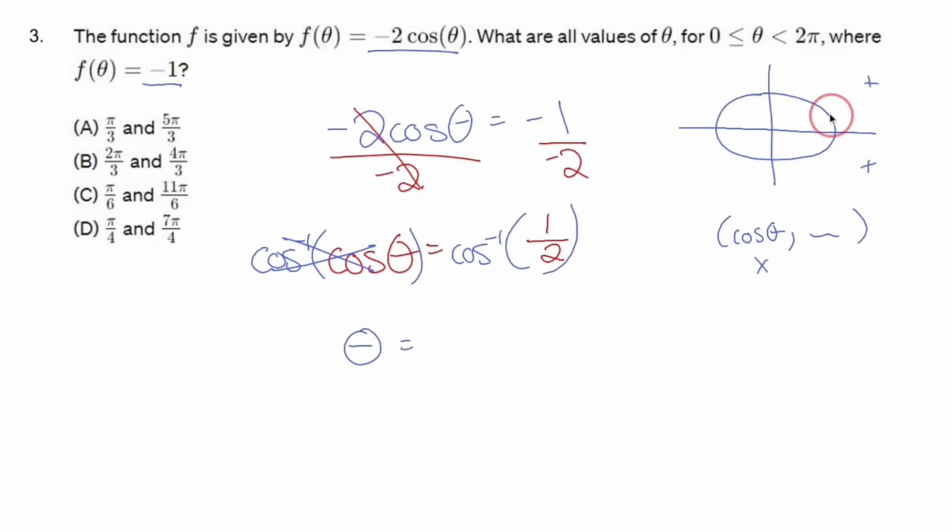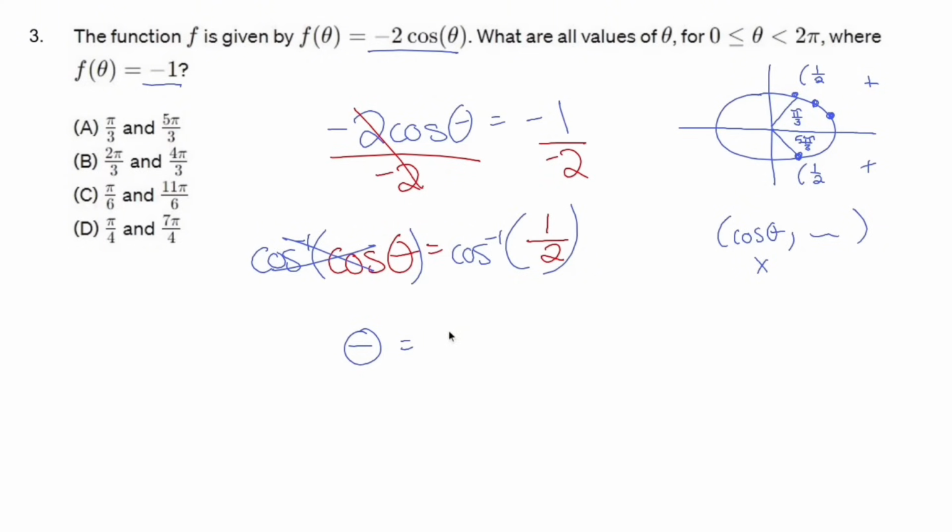If I were to think unit circle, the x would be root 3 over 2, root 2 over 2, root 1 over 2. So you give me 1/2 over there, and that's pi over 3. The one directly underneath it is going to give me my other positive 1 over 2, and that is 5 pi over 3.